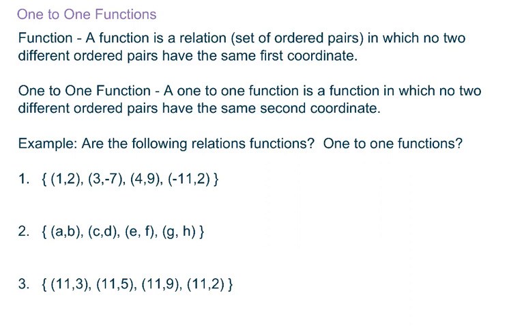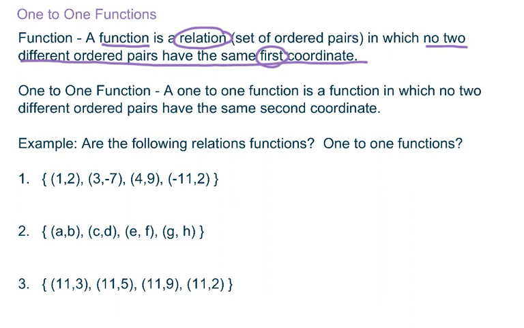So going way back to probably the first lesson you ever saw in functions, a function is first of all a relation. Now, a relation is simply a set of ordered pairs defined in some way. A function is a relation in which no two different ordered pairs have the same first coordinate.